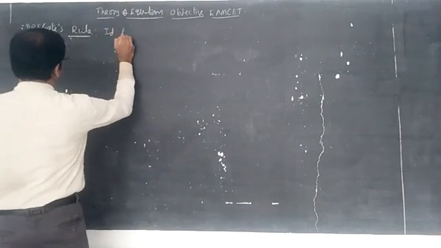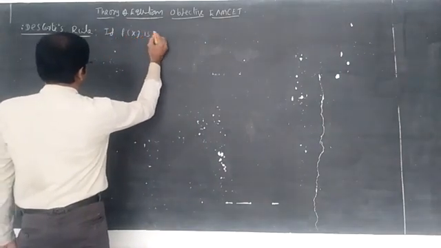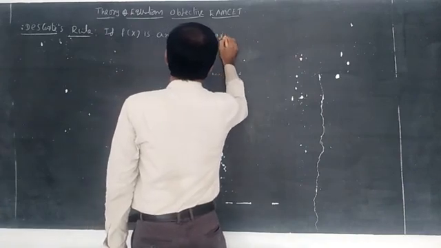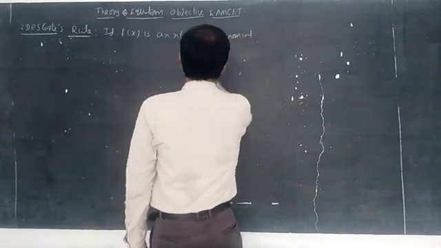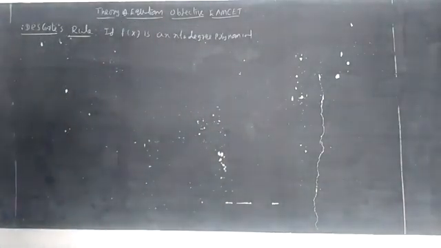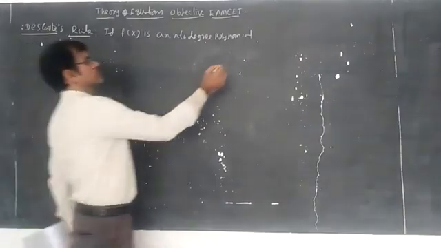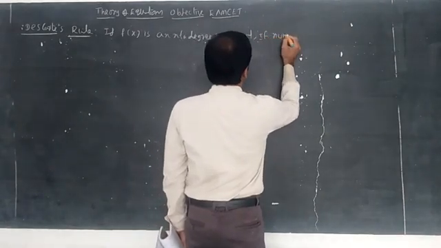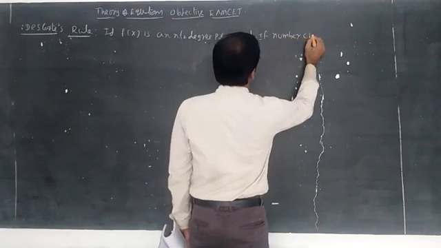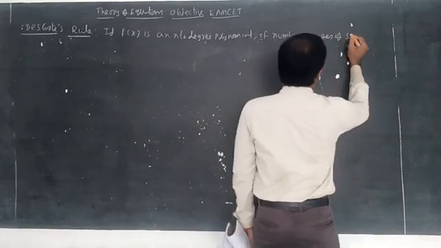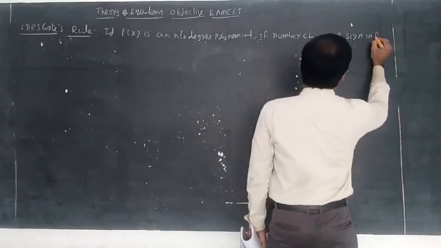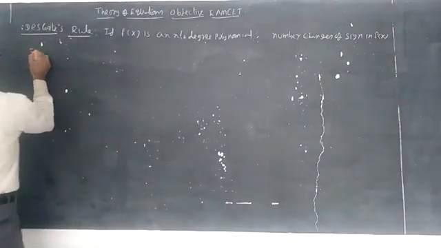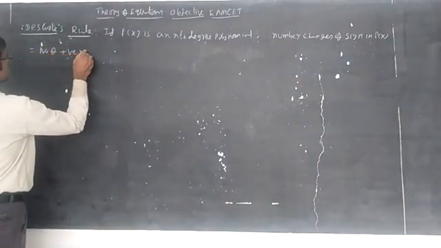If f of x is an nth degree polynomial, then the number of changes of sign in f of x is equal to the number of positive roots.